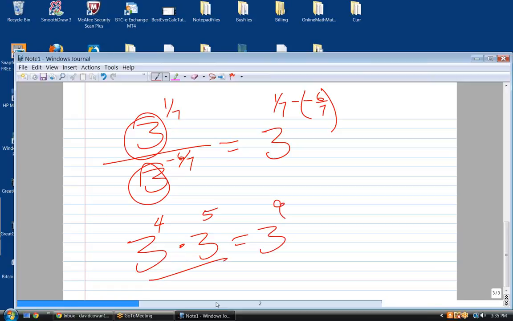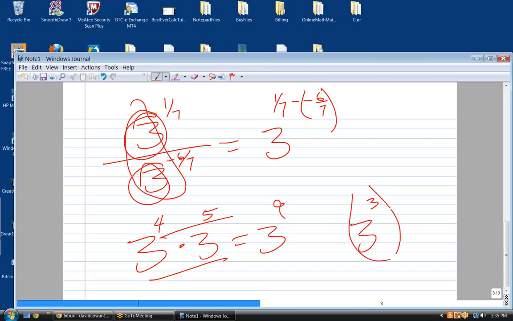So multiplication equals addition, one level less. Division equals subtraction, one level less. And exponentiation equals multiplication, one level less. All right. Okay. Okay?